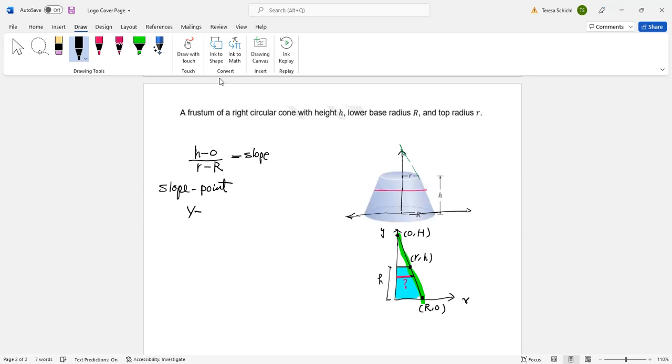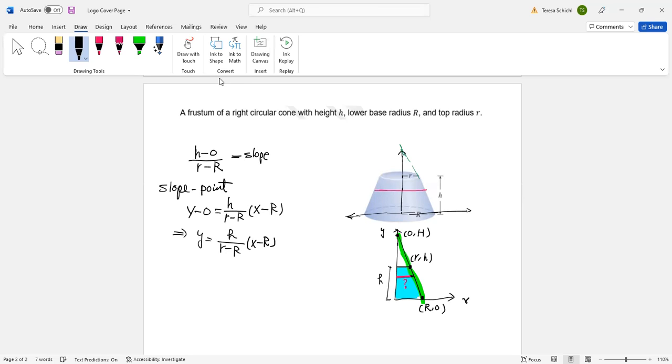So y minus 0 is equal to the slope, h over r minus R, times x minus R. So y equals h over (r minus R), times (x minus R).